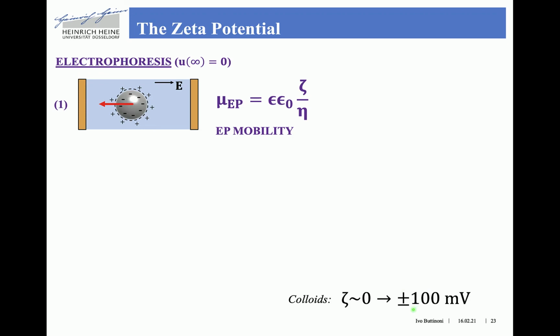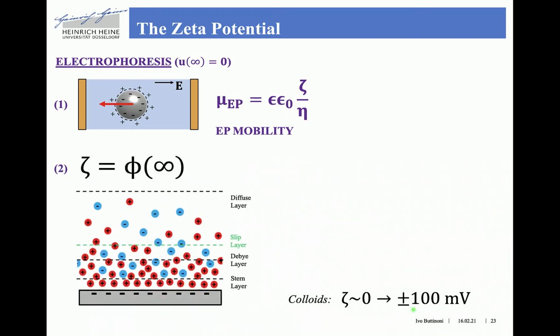On the other hand, zeta is also the value of the electrostatic potential at the outer edge of the interface, as I mentioned before. So strictly speaking, at infinity, but in practice somewhere after the Debye length in a region which is called the slip layer.